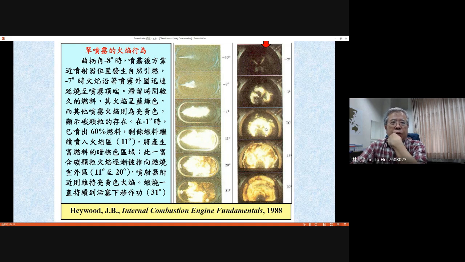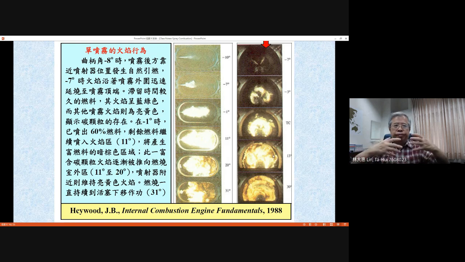Then the combustion intensity and combustion process will be promoted. Near the top dead center, the spray flame ball almost covers a certain area, at least 1/3 or half of the total combustion chamber.